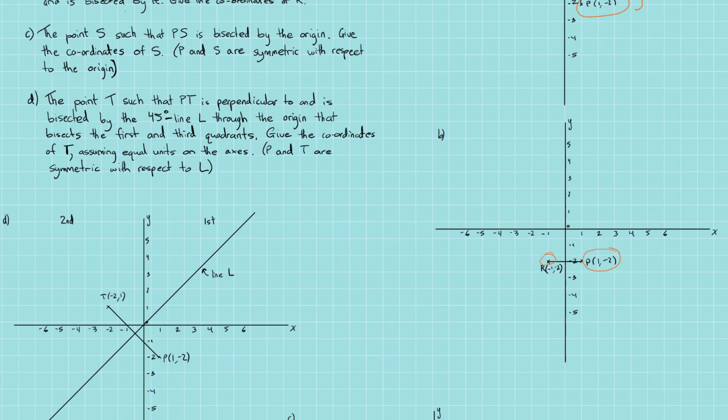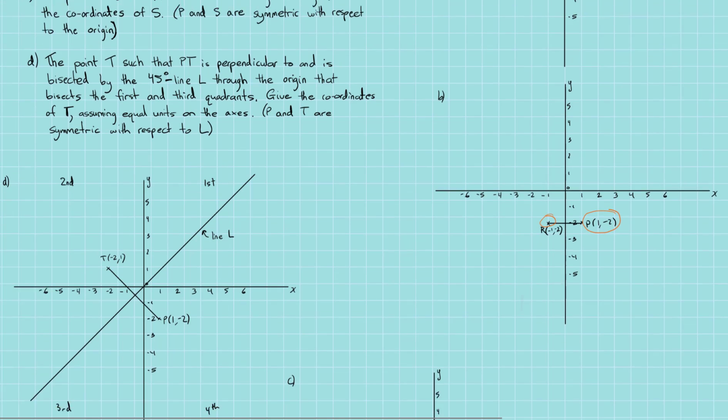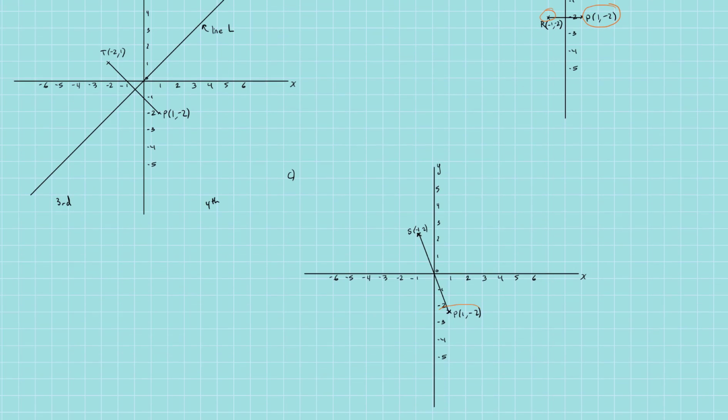Part C asks for the point S such that PS is bisected by the origin. That one is a little different. You start at the point P and you want to draw a line such that the origin is the middle of that line. So what we do is we start from P, connect to the origin, and then keep going for the same distance as from P to the origin, and we end up at the point S, which is (-1, 2).